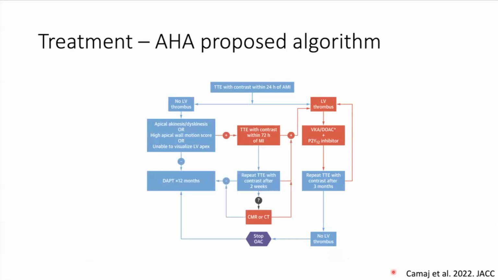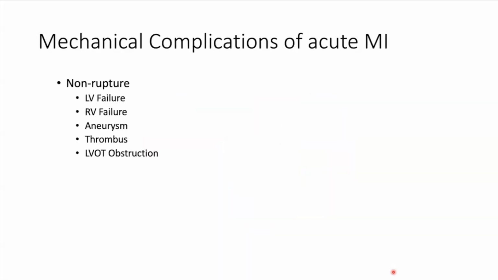In that situation, you want to get a TTE within 72 hours with contrast to see if it's there. If it's still negative, the proposal here is to do a repeat TTE with contrast within 2 weeks to rule it out. Okay, so that's the treatment there.